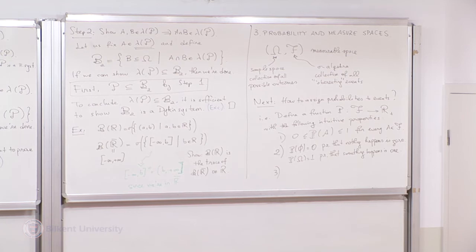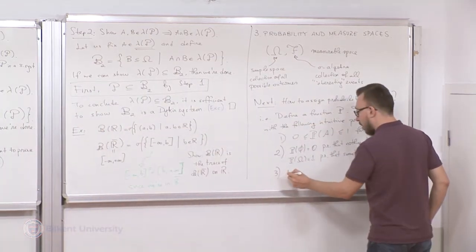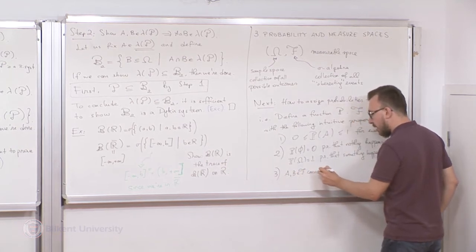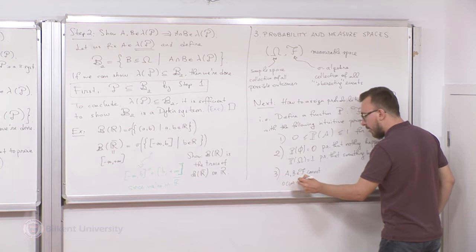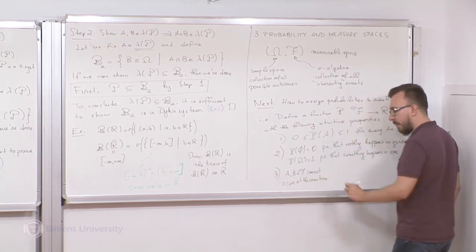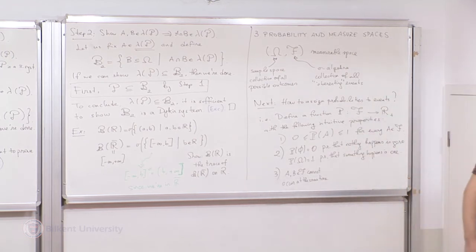subadditivity. Let's first talk about additivity, okay? Let's say you have two events, okay, that cannot occur at the same time. So let's say you have two events, A and B. Cannot occur at the same time. What does that mean mathematically? Two events, A and B, cannot occur at the same time.